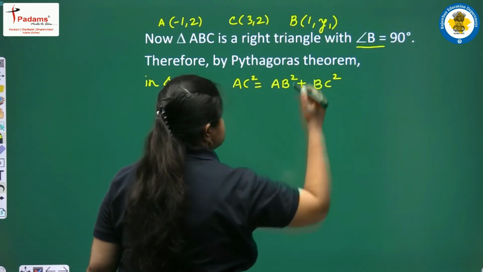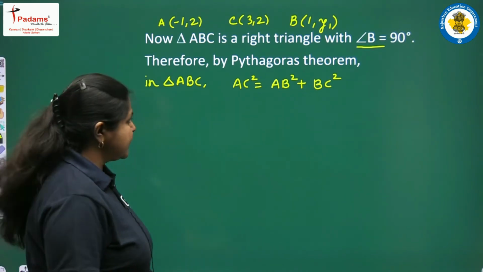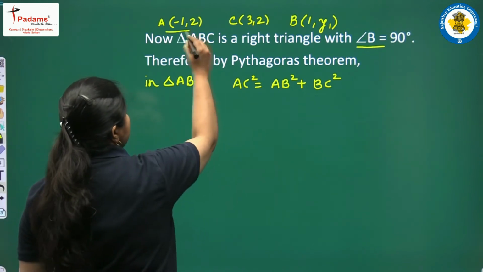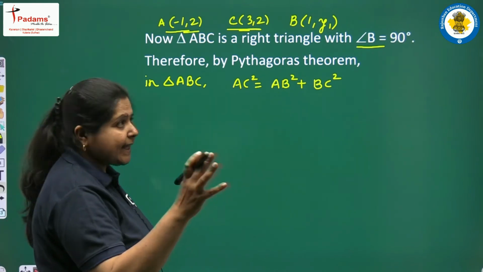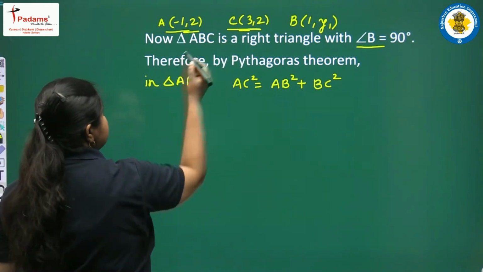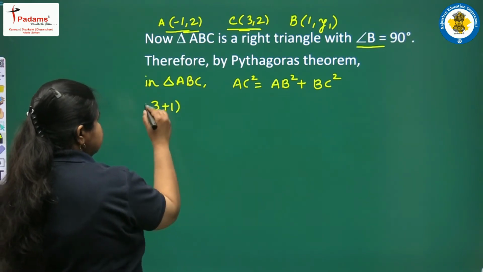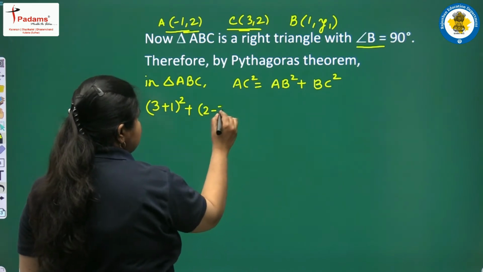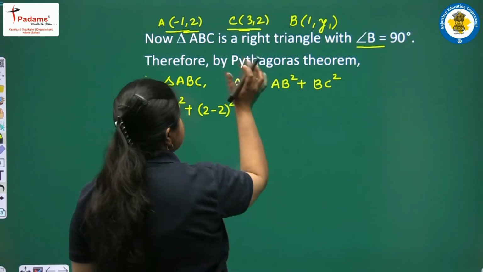and y1, okay, because x1 we have already got as 1, so we are replacing that with 1. Now we write them here. AC, so A and this is C. Squaring, so we will not apply the square root sign also. This will become 3 minus of minus 1, that is 3 plus 1 whole square, and here 2 minus 2 whole square. This is AC square. Now we will take AB square.